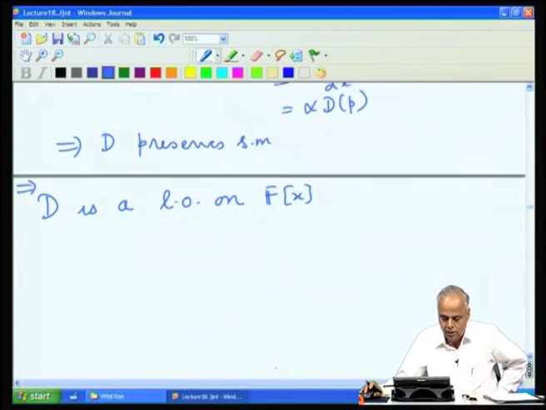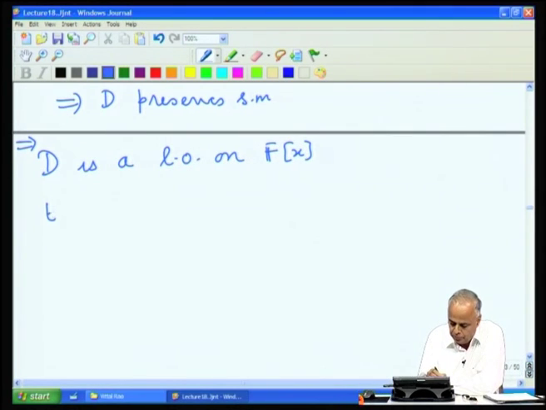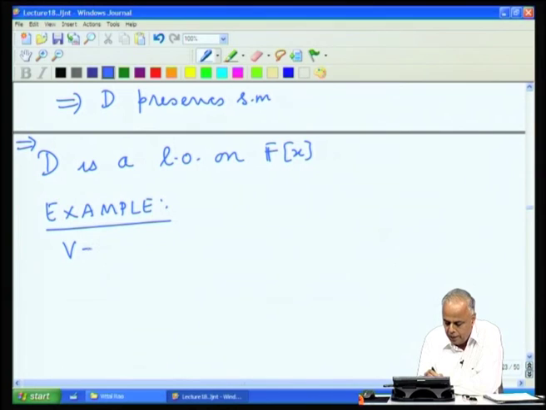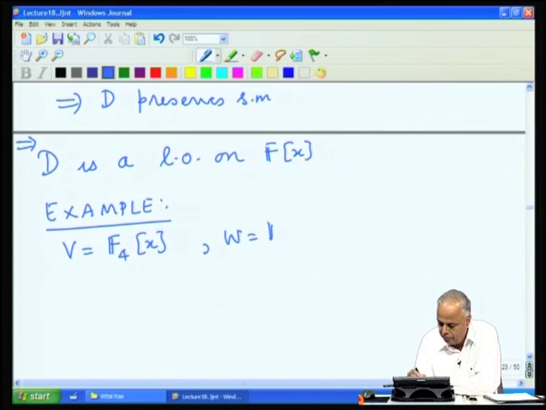Now, we have one more example. We will extend this differentiation operator. Now, we take V to be F4[x] and W to be F3[x].